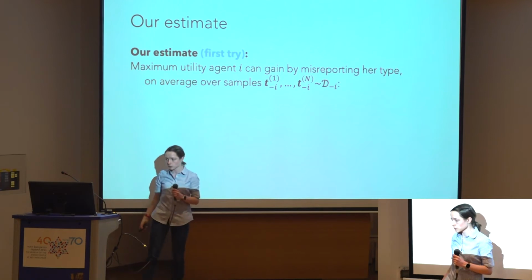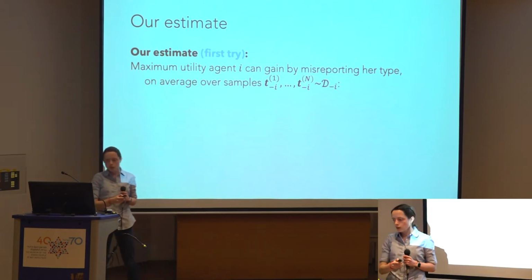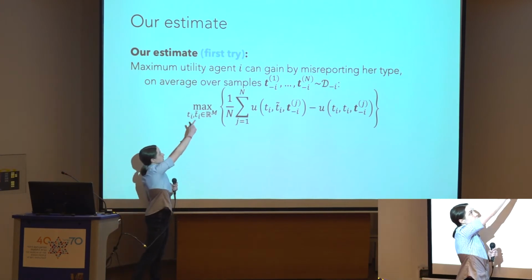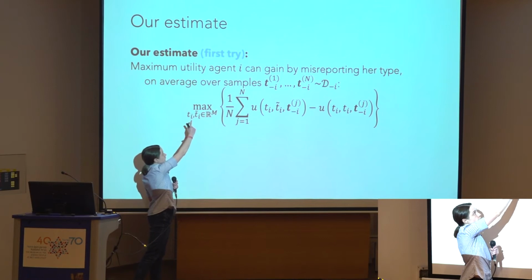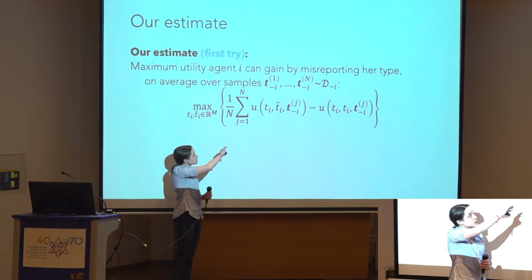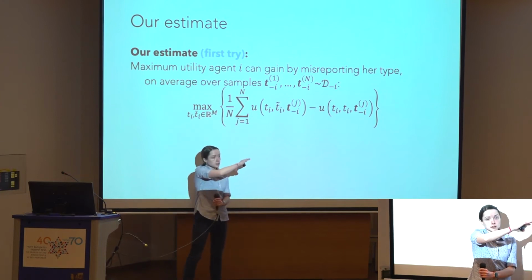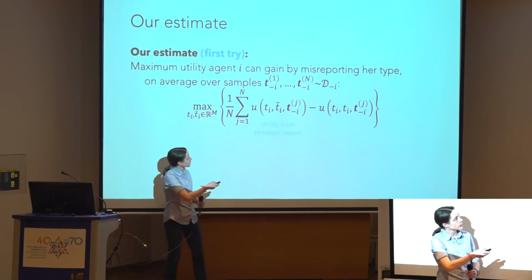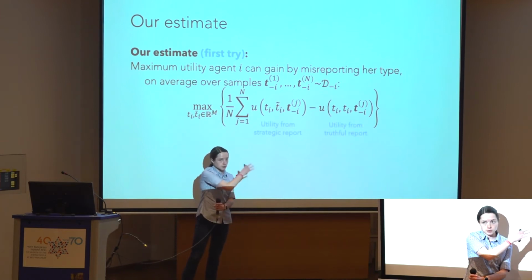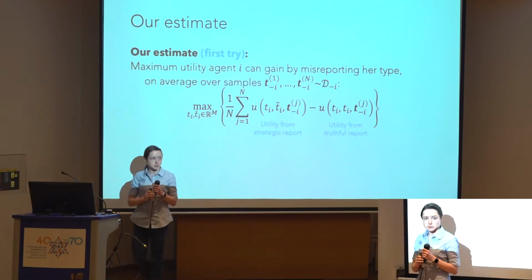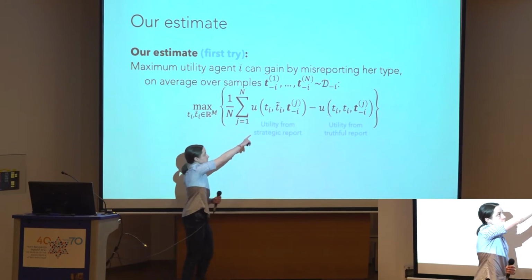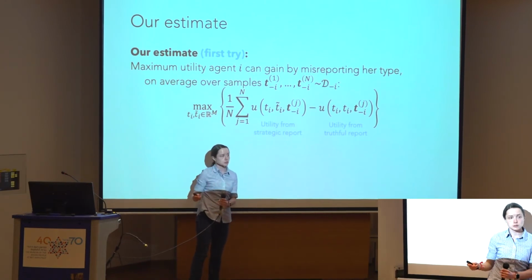Mathematically, you take the maximum over all types Ti and reported types Ti tilde of the average amount the agent could gain from reporting a type of Ti tilde minus reporting their type truthfully. The J is in the superscript, since we're summing over the samples.